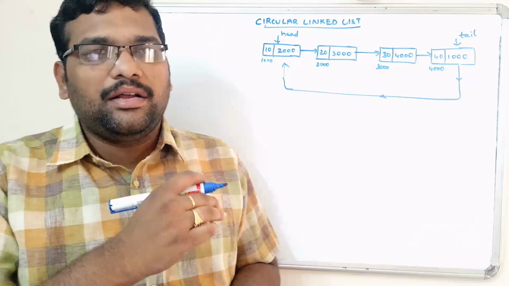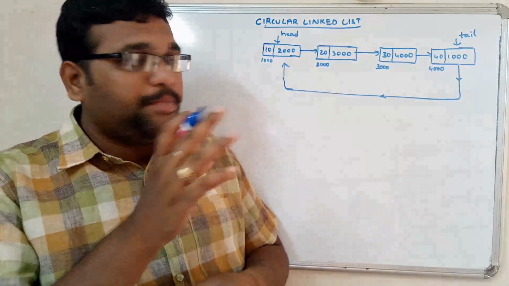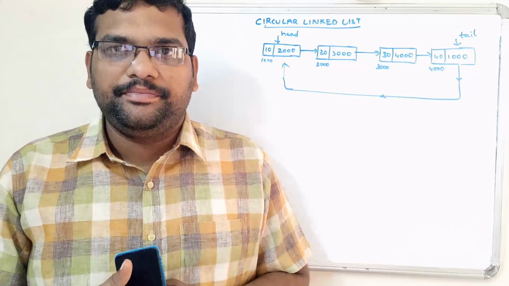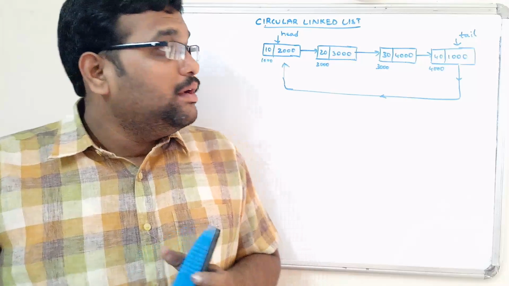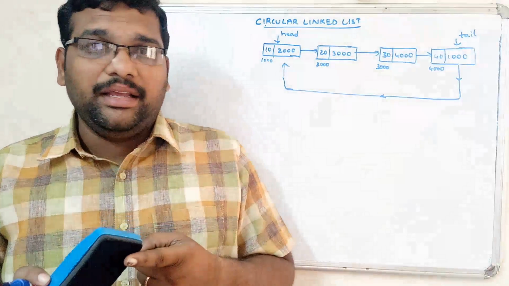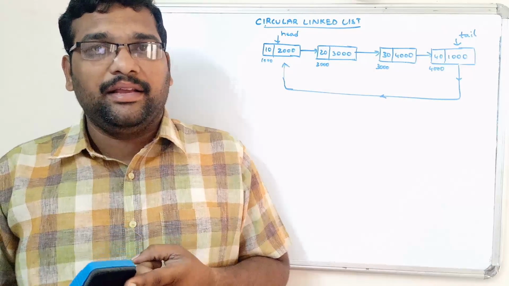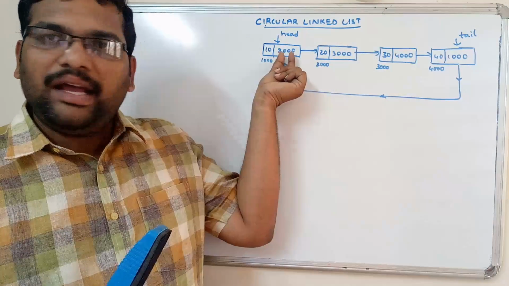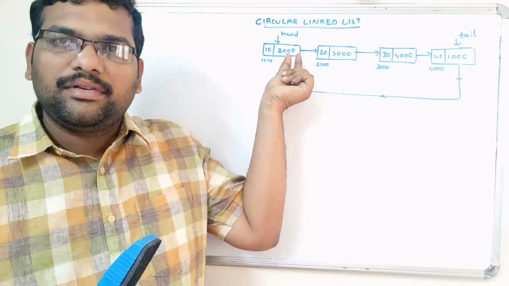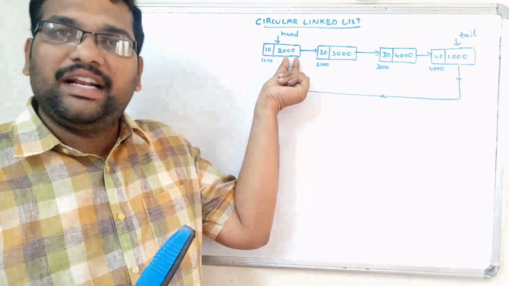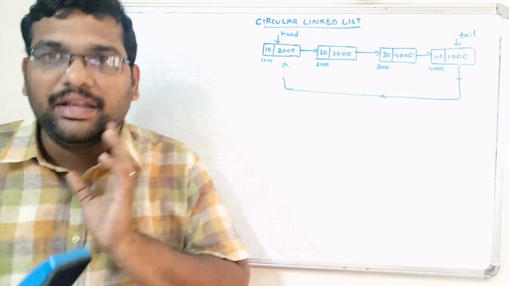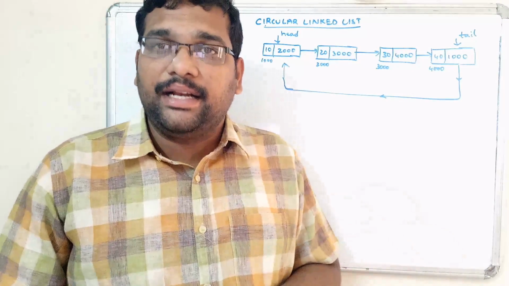If you apply that particular node to the free function, the memory will automatically be deallocated. So first thing, we have to disconnect the link. How to disconnect the link? We have seen that we just remove the address present in the address field and replace it with null, so that automatically the link will be disconnected.